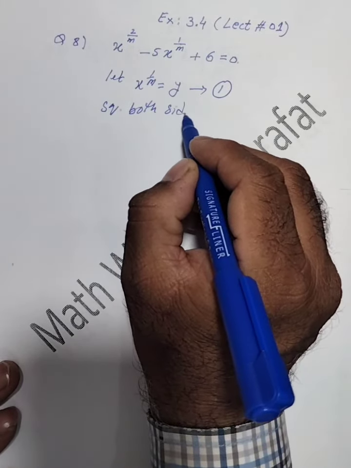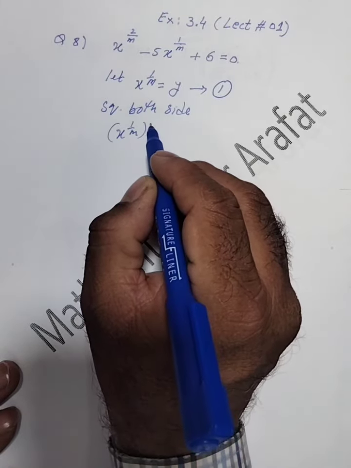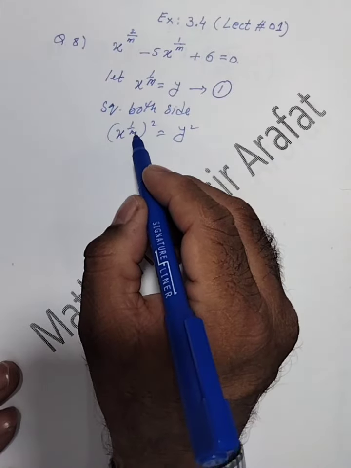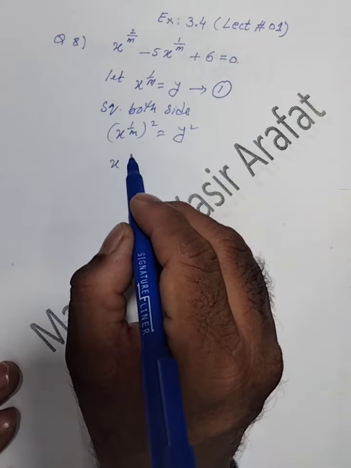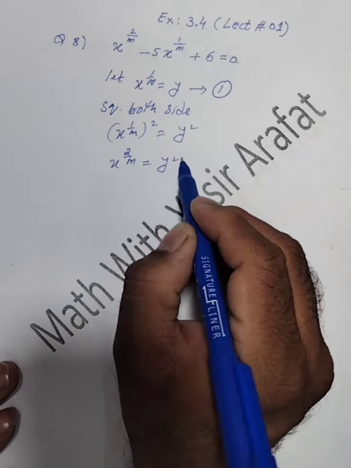Squaring both sides, we will get the value of the first variable which is given to you in the question here. So power here will multiply this, so 2 ones are 2, 2 over m. It is equals to y square.